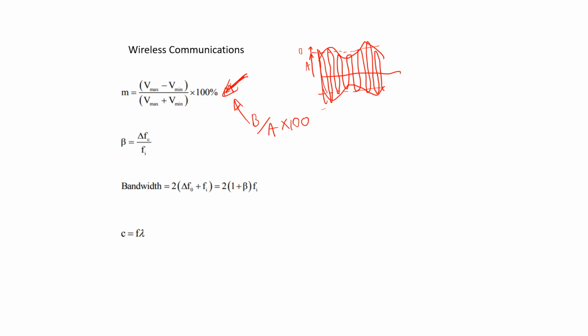Other things they can ask you is to work out the time period. So obviously, from there to there will be the time period of the signal, like the audio signal that you want.